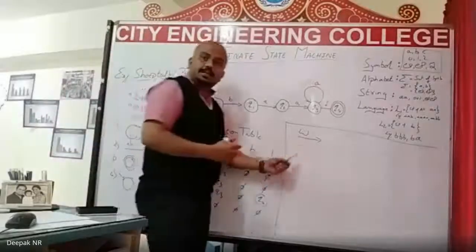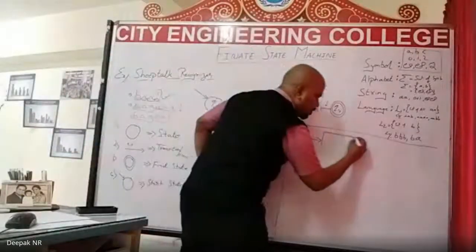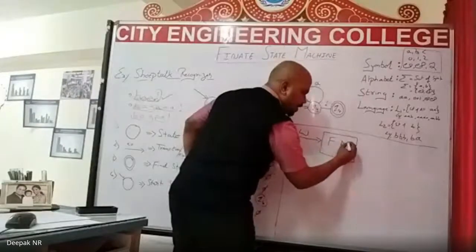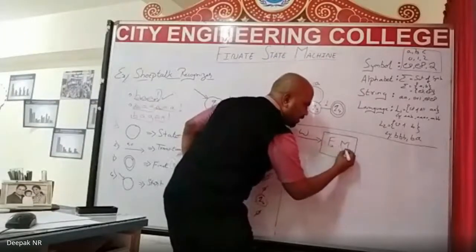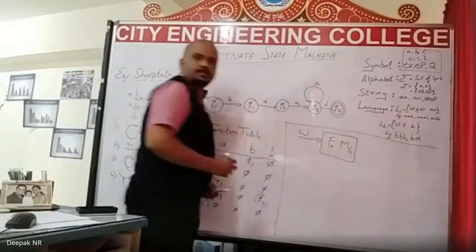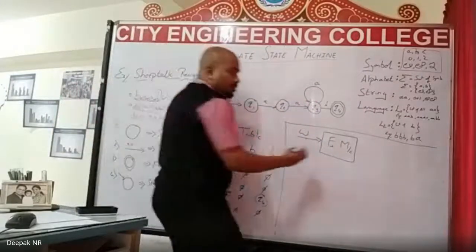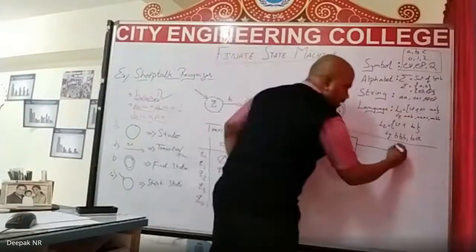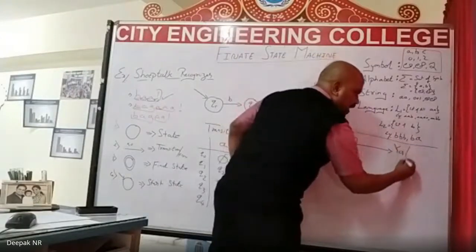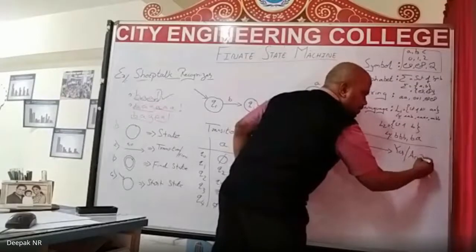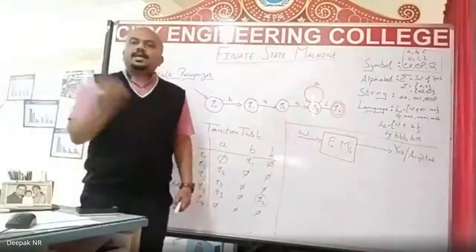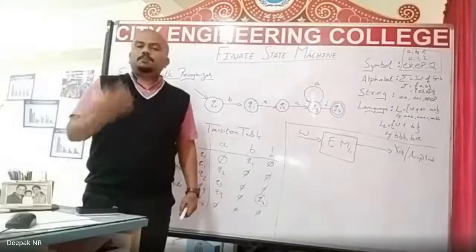I will send a W to my finite machine, FM, finite machine. If I get a true string, it gives me yes, as accepted. If the string is true, I get a message saying yes, the machine is accepted.